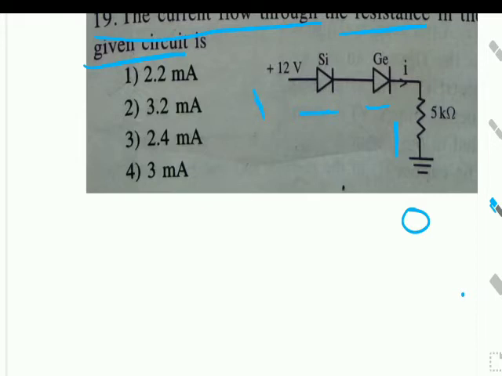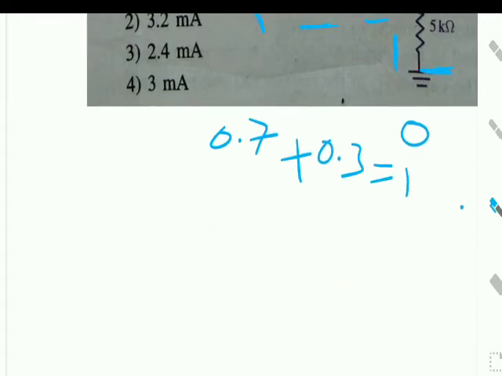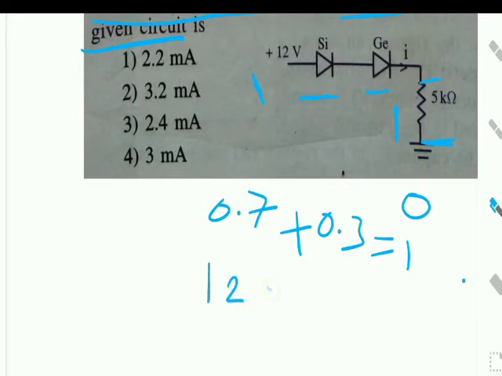So silicon potential barrier 0.7 volts and germanium 0.3, total 1 volt. So potential at the 5 ohms resistor, then 12 minus 1 is equal 11 volts.